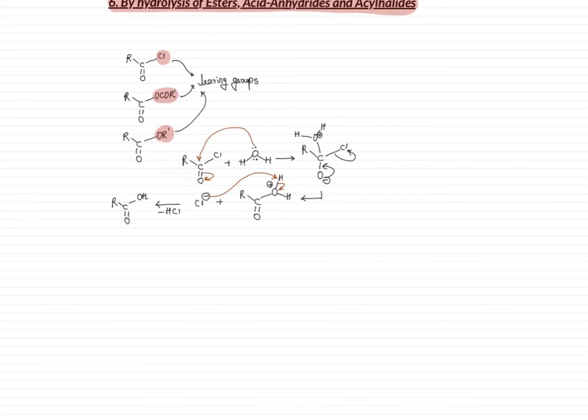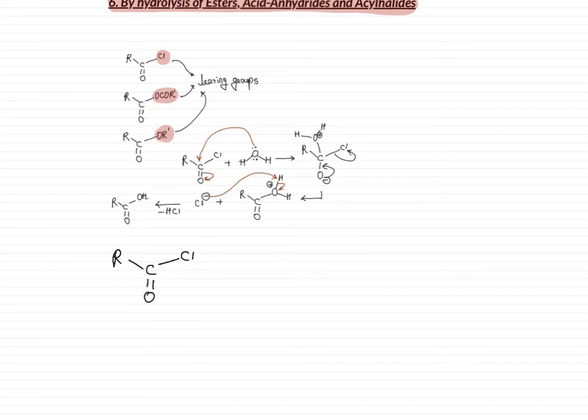Now many a times, this reaction is quite good with acid chlorides, so I think you don't have to worry about how a group leaves. This reaction is reasonably good, right? And you know that if you use, instead of water, NaOH, for example, then the same reaction can very easily proceed like this.